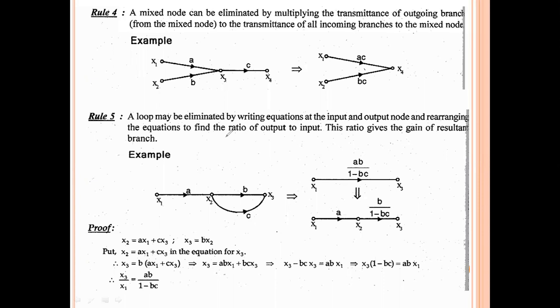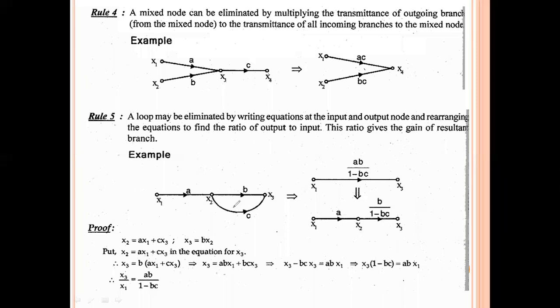So when a loop is eliminated by writing equations at the input to the output node and rearranging those equations in order to calculate the gain of the entire SFG, or simply we can say ratio of output to the input, which is a transfer function. So that gain gives the resultant branch transmittance.